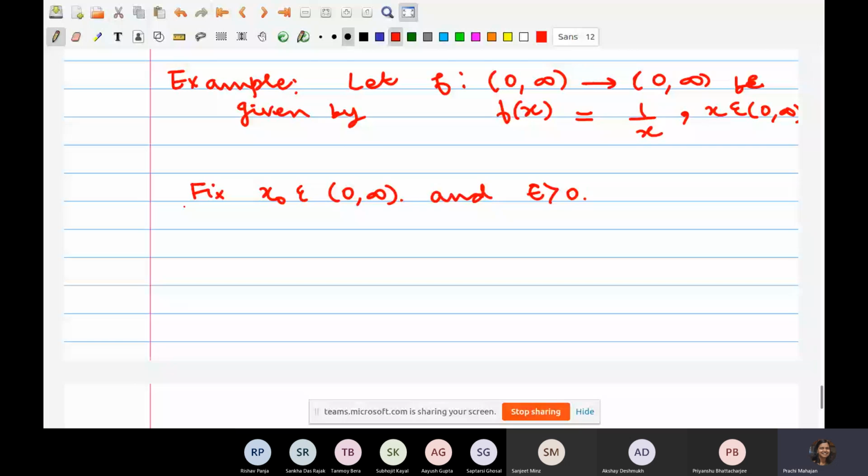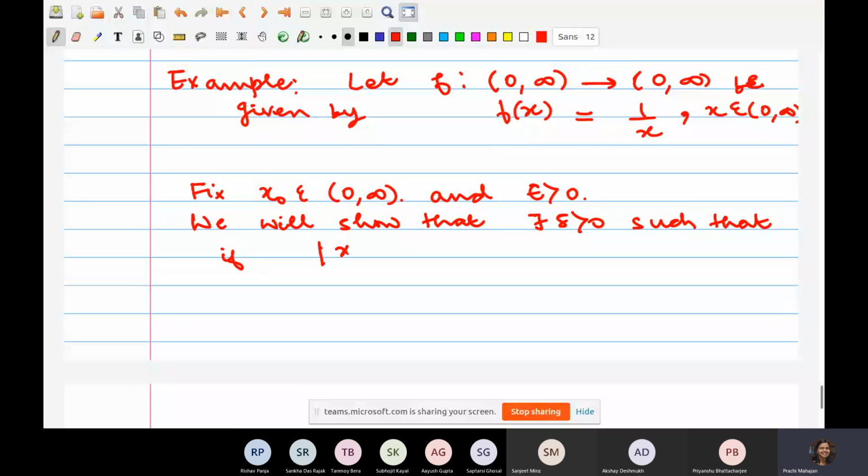So let's just recall that we will show that there is a delta positive such that if x is in a delta neighborhood of x naught, which means the following, then f takes it to epsilon neighborhood of f of x naught, right?